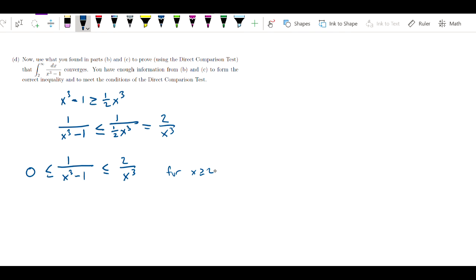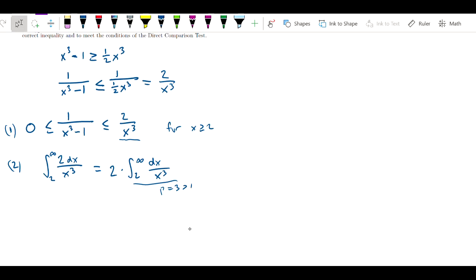Okay, so this is kind of step 1 in the use of the comparison test. To do step 2, what I need to do is show that the integral of that function converges. The integral of 2 over x cubed from 2 to infinity equals 2 times the integral from 2 to infinity of dx over x cubed, where this is a p integral with p equal to 3, which is greater than 1.